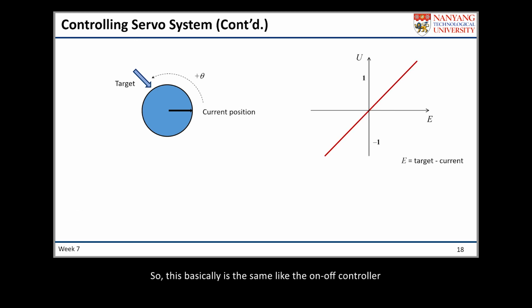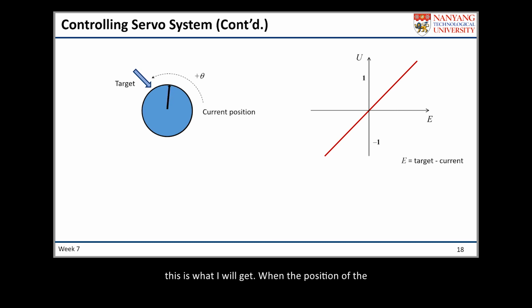So this basically is the same as the on-off controller, but I chunk the speed region into an infinite number of regions. If I do it like this, apparently when I run my motor with this kind of logic in my controller, this is what I will get.